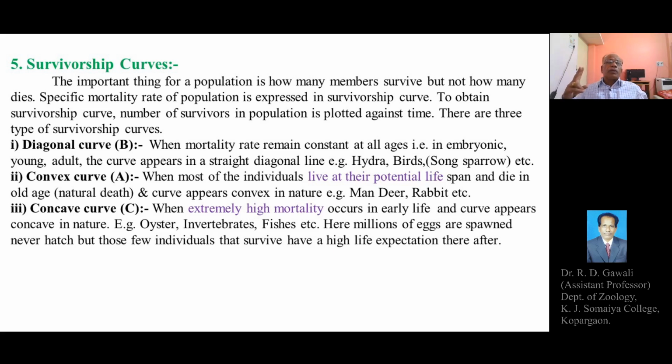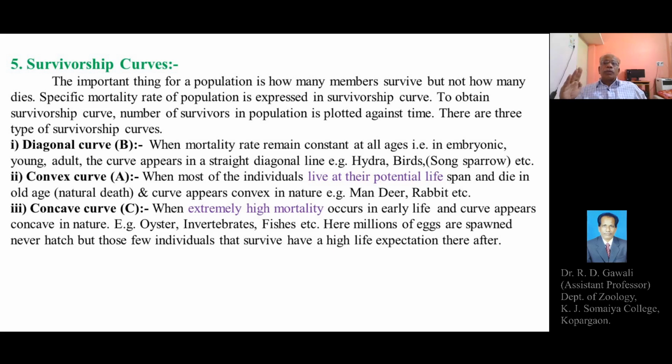Then the second type of curve is called the convex curve, when most of the animals live to their potential life span and then die in old age, that is a natural death, and the curve appears to be convex in nature. So what is the condition regarding the mortality rate in a population for the convex curve to appear?